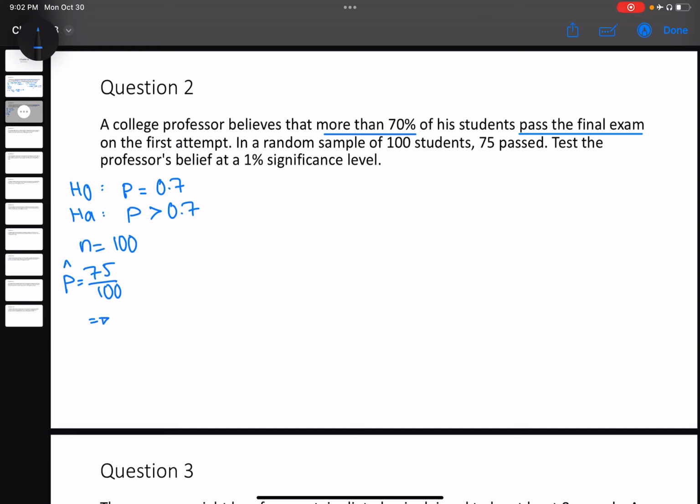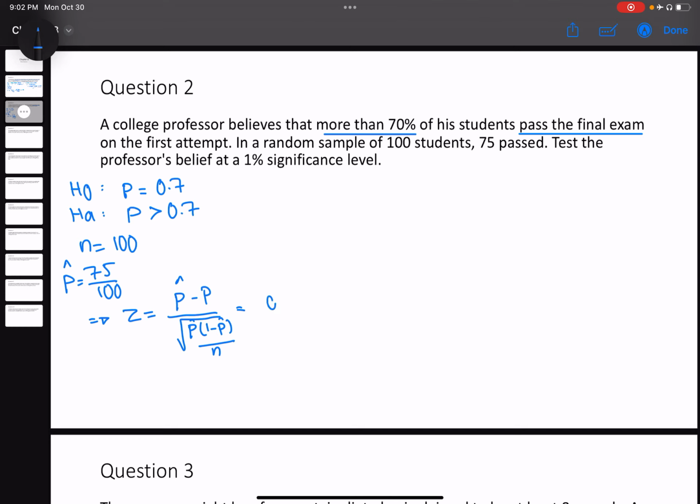Simply we can get the z as p hat minus p divided by the square root of p times 1 minus p divided by n.